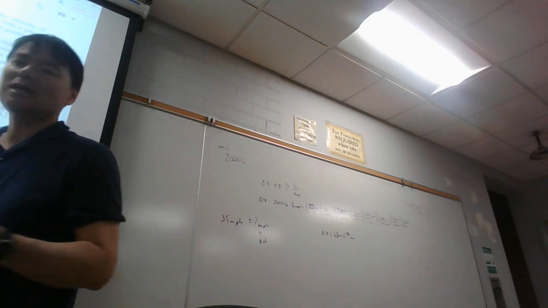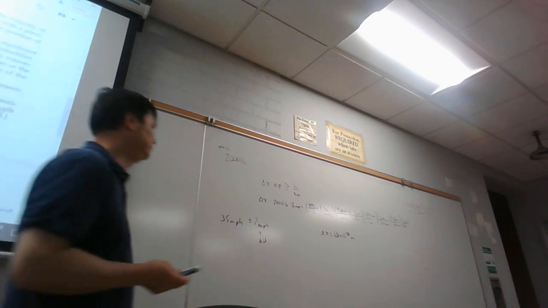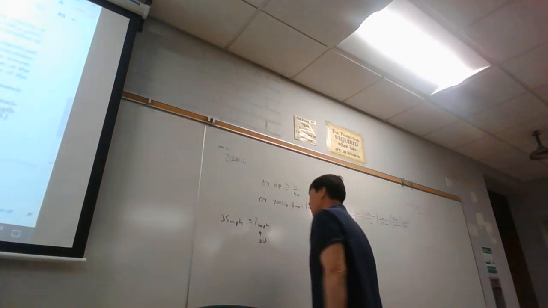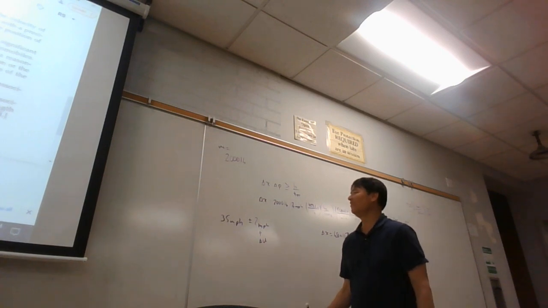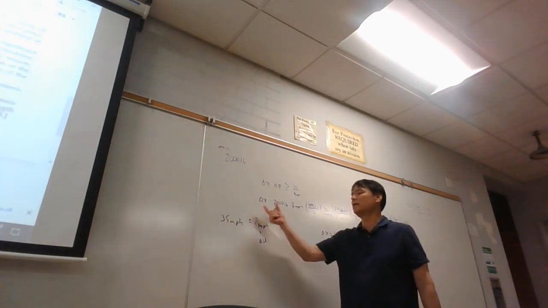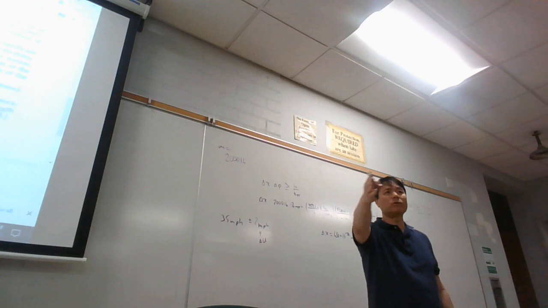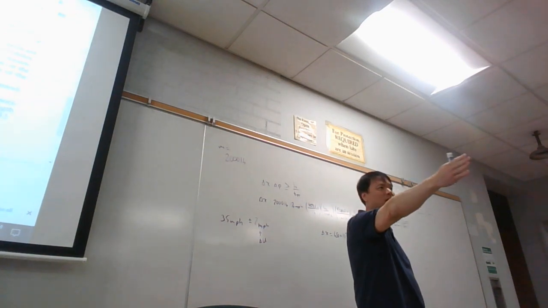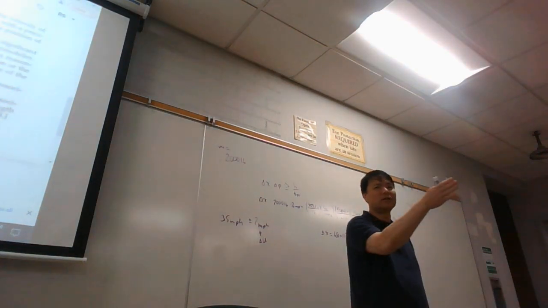All right, if we do the same thing and we say a car is moving at 35 miles an hour, what's a reasonable uncertainty?